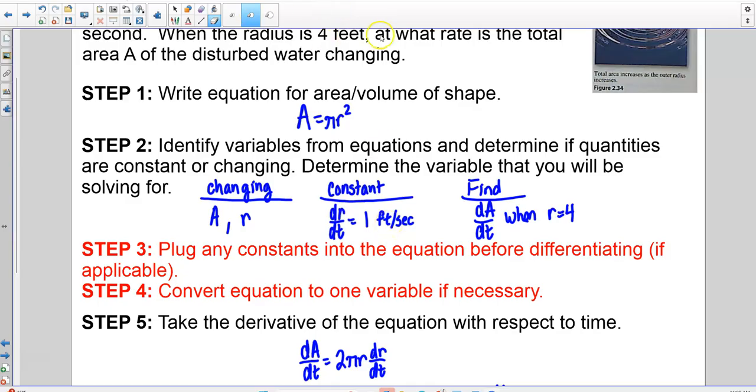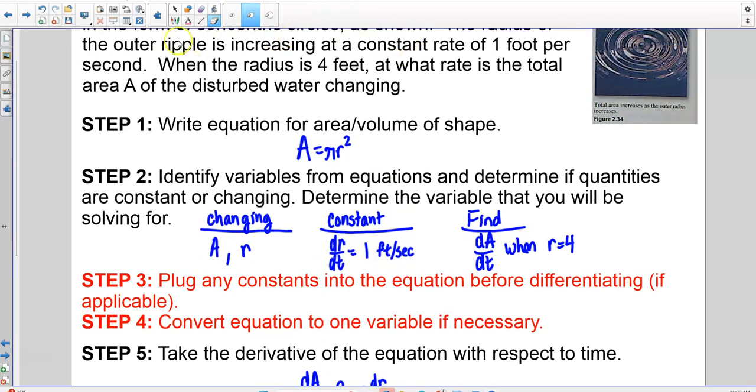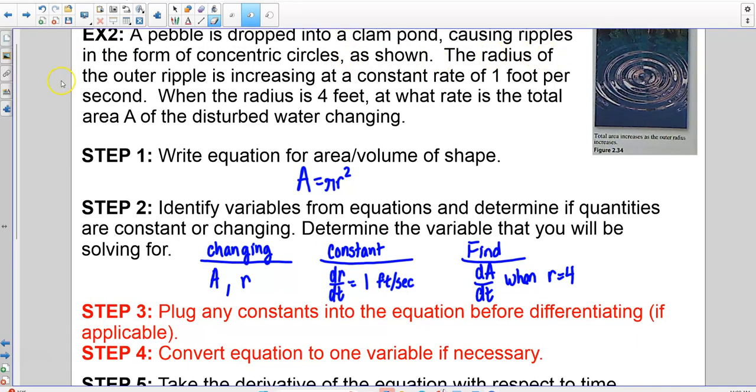They tell us that in the problem: the radius of the outer ripple is increasing at a constant rate. So the radius is increasing, that is dr dt, whereas last time it was dA dt that we had as constant. And then it says, when the radius is 4 feet, at what rate is the total area changing? So the rate the area is changing, dA dt, is what we're finding.